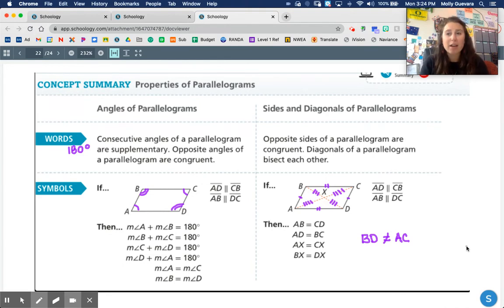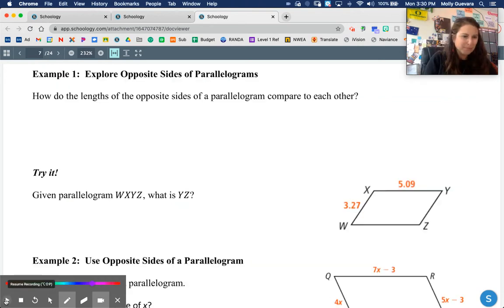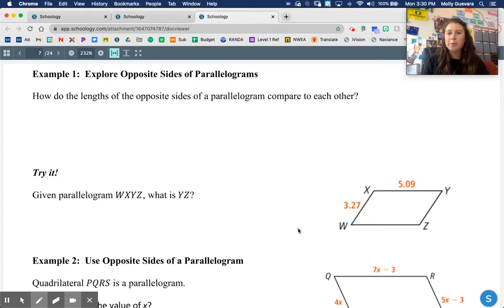So now that we've reviewed the properties of parallelograms, we're going to go back and do our lesson, which is all about using these properties to solve problems. So here we are back at example 1, and we're going to go through this using those properties of parallelograms. Example 1 says, how do the lengths of the opposite sides of a parallelogram compare to each other?